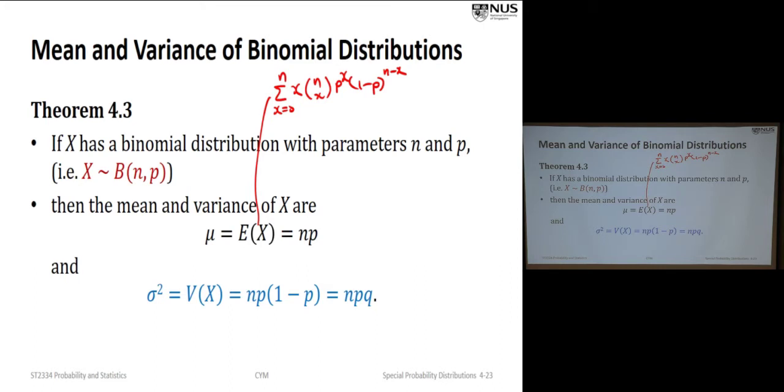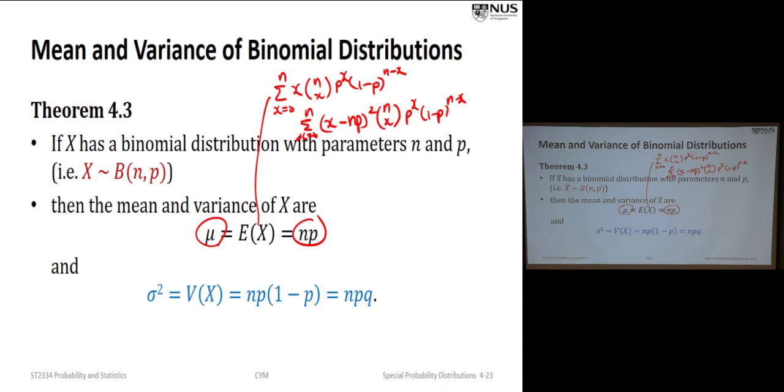For those who are interested, try to look up how to do it. So the variance will be x minus the mean, suppose we got the mean equal to np, so it's x minus np squared times n choose x, p to the power x, 1 minus p to the power n minus x, summed. Wow, this is even tougher than the previous one.